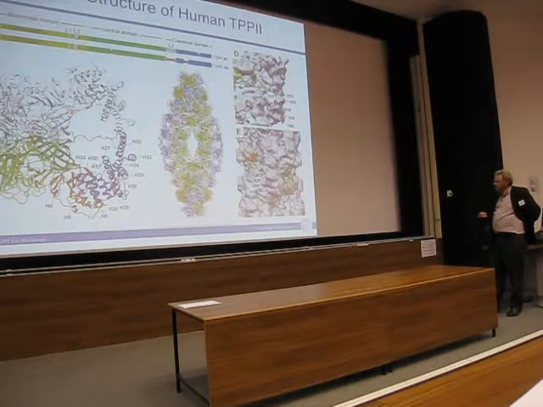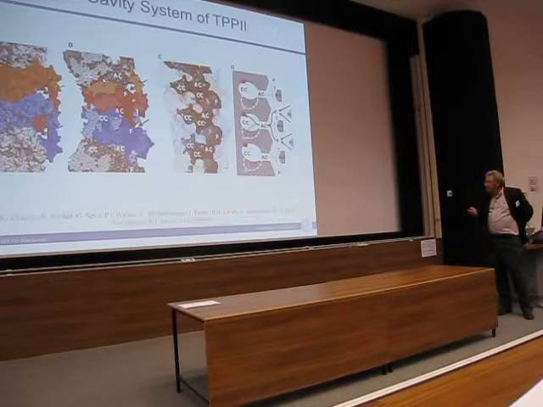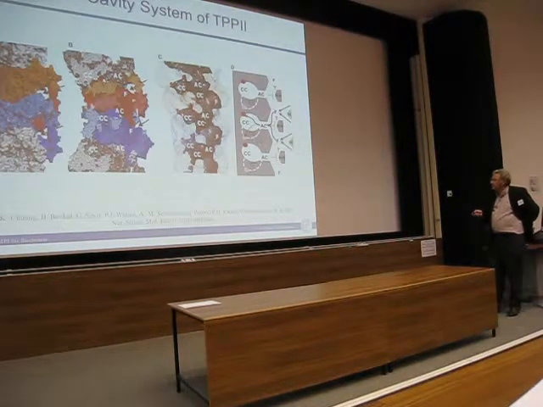Now the important thing is that in the dimer, these active sites are of course exposed, but they are not active in that state. So activation follows polymerization, when the active sites become sequestered in what we call the catalytic cavity.